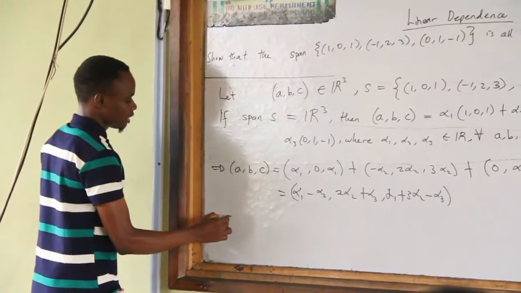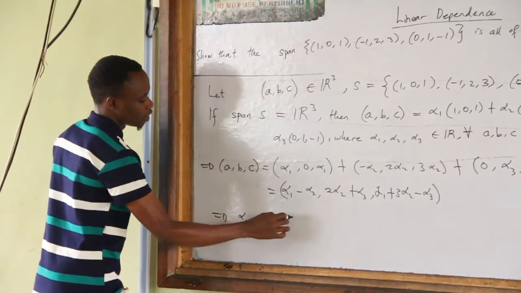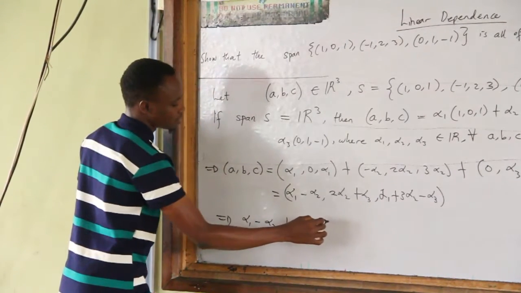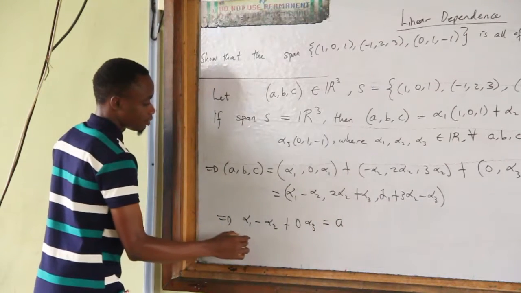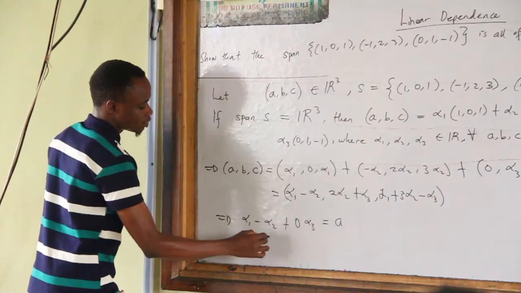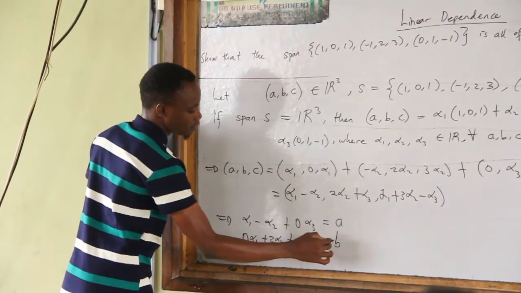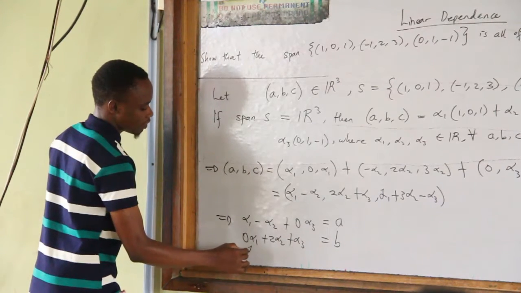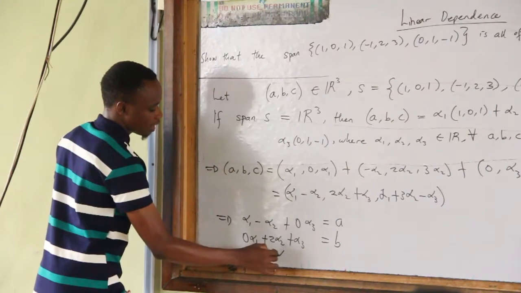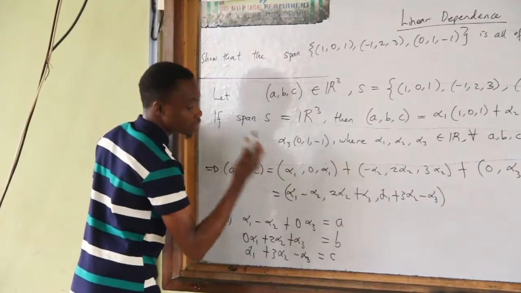Alright, so this means that I should have alpha 1 minus alpha 2 plus 0 alpha 3 equal to a. I should have 0 alpha 1 plus 2 alpha 2 plus alpha 3 equal to b. I should have alpha 1 plus 3 alpha 2 minus alpha 3 equal to c.